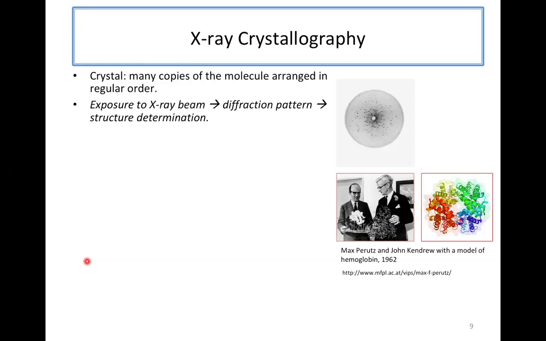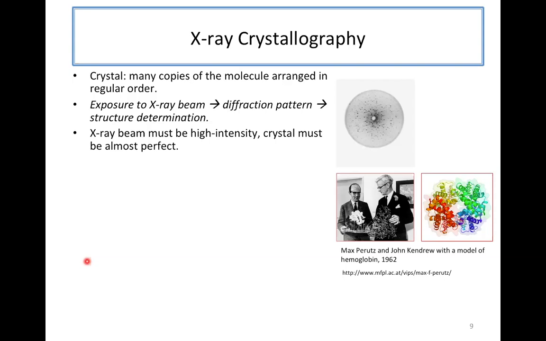With techniques called phasing, we can determine the structure. The picture shows Max Perutz with his student John Kendrew looking at the structure of hemoglobin in 1962. This was one of the first protein structures obtained with X-ray crystallography.